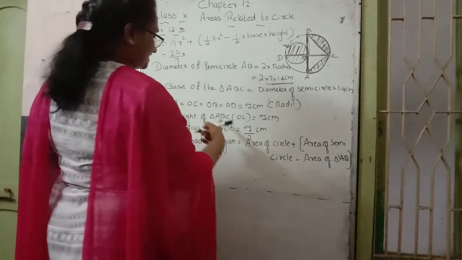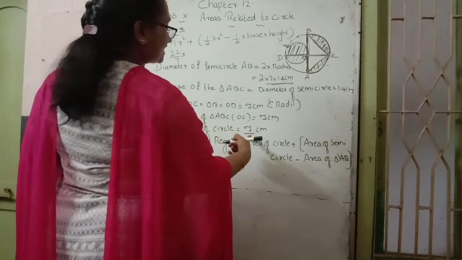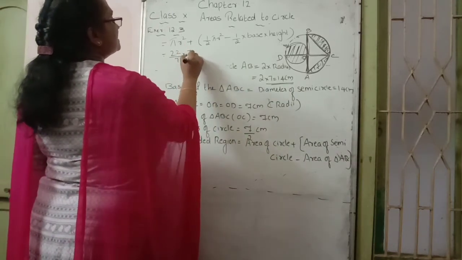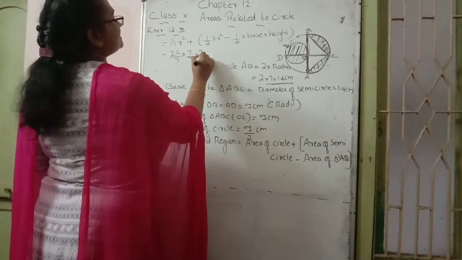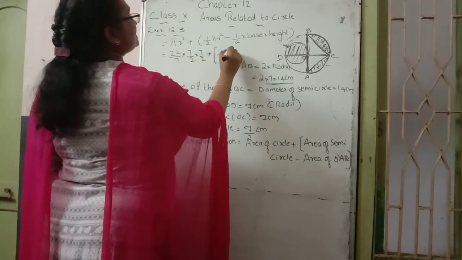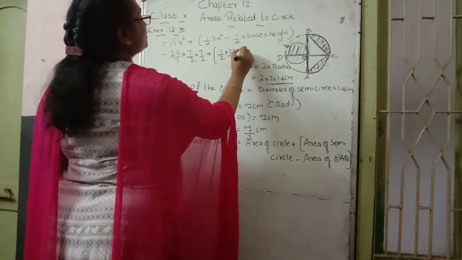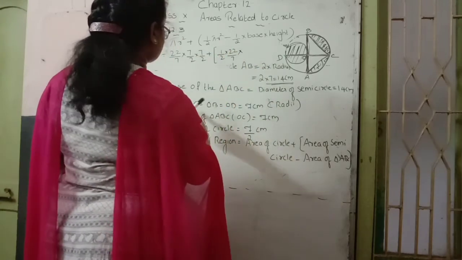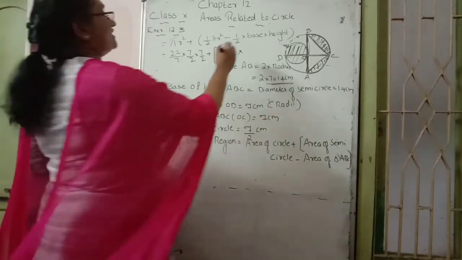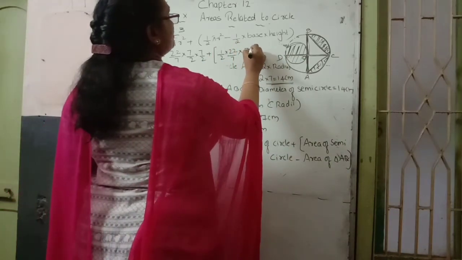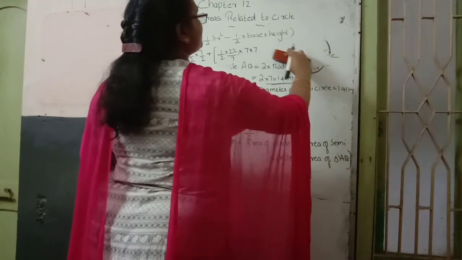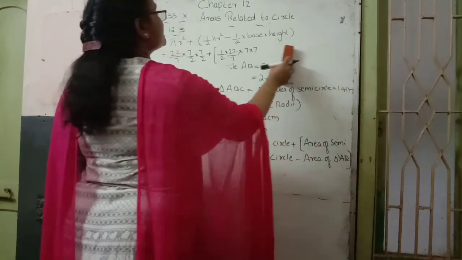Radius of circle, now we got the radius of circle becomes 7/2. So we can write 22/7 into 7/2 into 7/2 for r square, plus half into pi 22/7 into radius of semicircle. Semicircle radius is equal to our OA value. OA value is how much? 7. Already they given. But r square is there. That's why we can write it as 7 into 7.